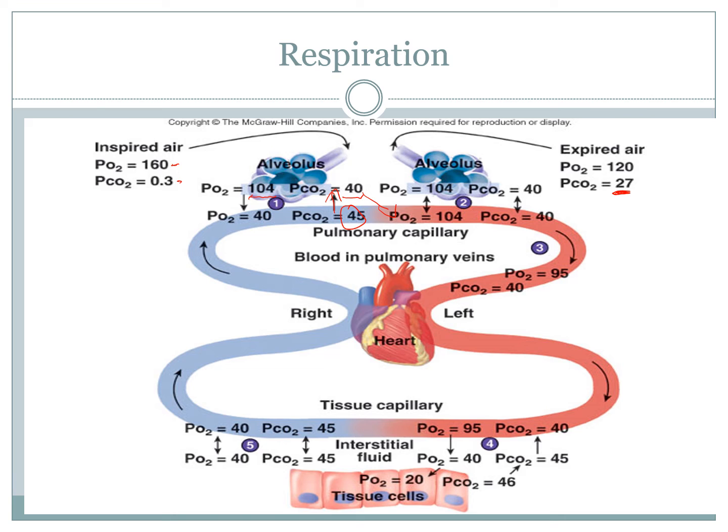Obviously a few of it is utilized on the way, with the heart, the brain, all those vital areas taking up a little bit of the O2, which means by the time you get to the tissue capillaries, we still have a large partial pressure of oxygen compared to what we find in the tissue, and the tissue has a larger CO2 compared to what we find in the blood. So the opposite occurs. This is internal respiration.